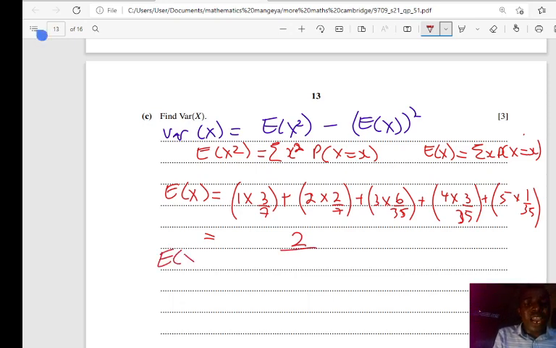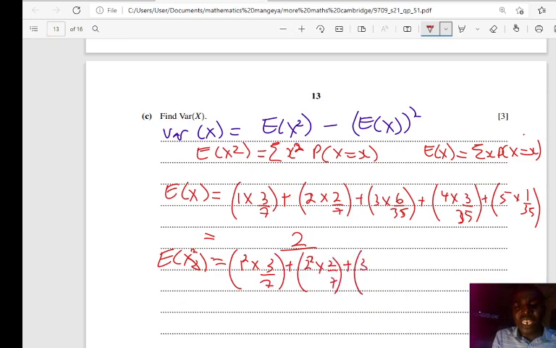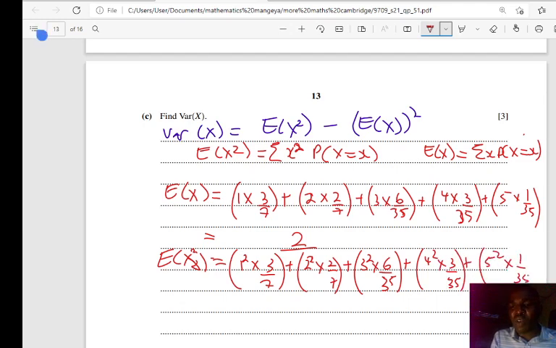Then E of X squared. First you square the value of x. So it will be 1 squared times its probability, 3 over 7, plus 2 squared times its probability, 2 over 7, plus 3 squared times its probability, 6 over 35, plus 4 squared times its probability, 3 over 35, plus 5 squared, the last one, times its probability, 1 over 35.